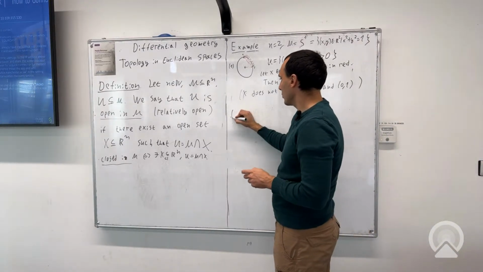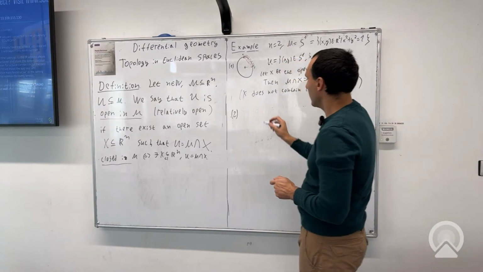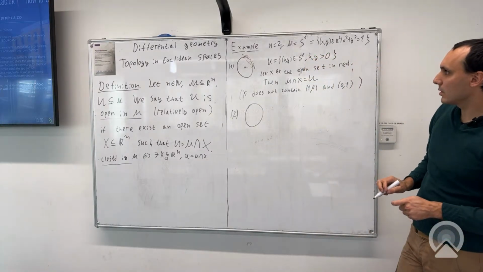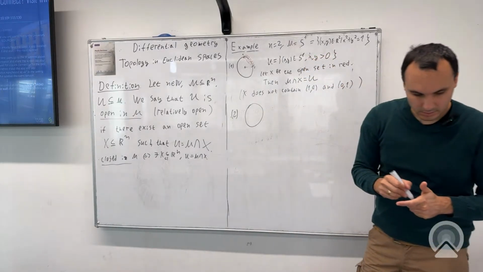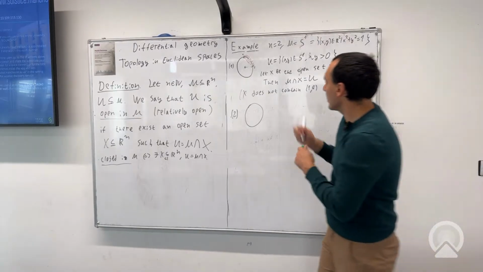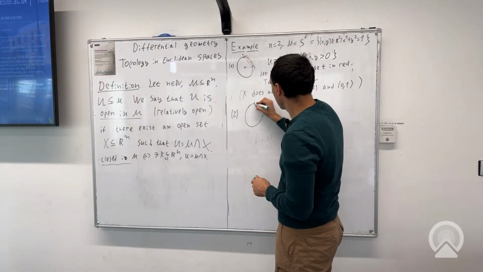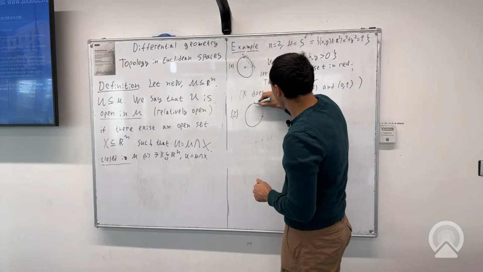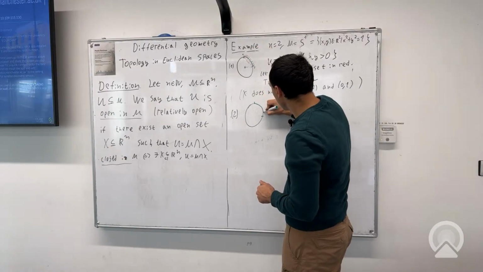And to have example 2, again the unit circle, but we now take the closed arc, with the boundary.